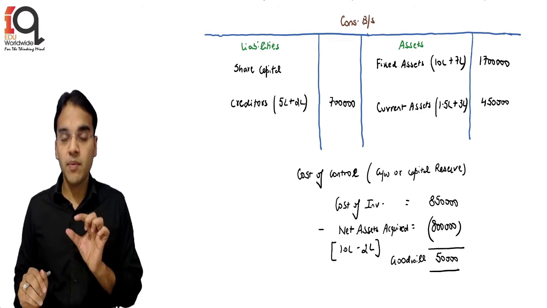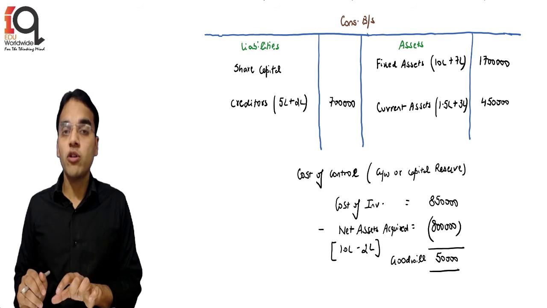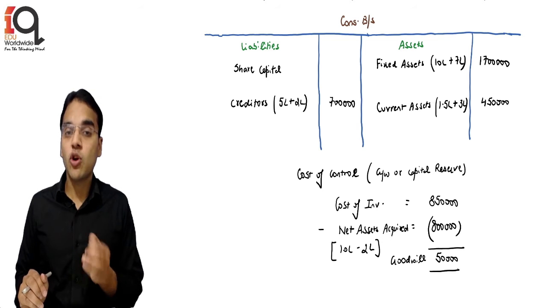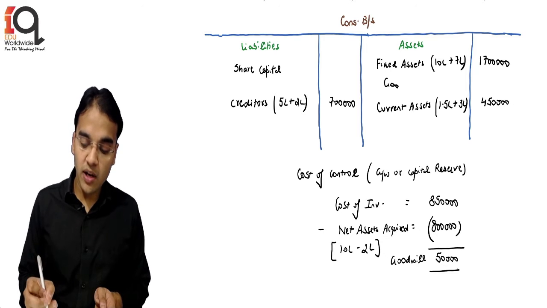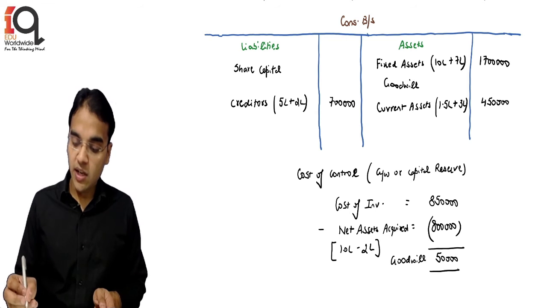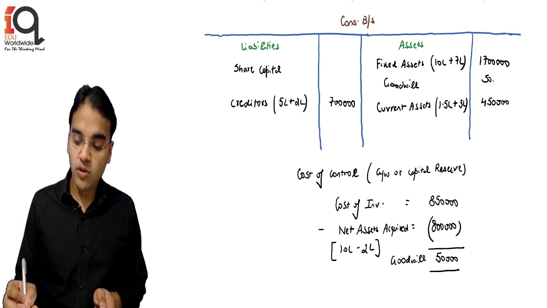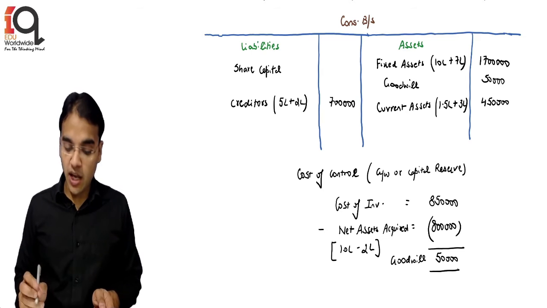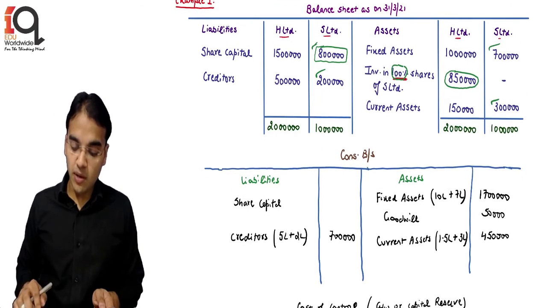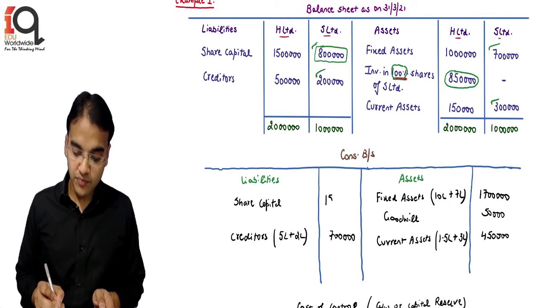So the first thing which comes up is your cost of control, which is your goodwill or capital reserve. So here it will be shown as goodwill in our balance sheet, that is 50,000, student, and that has knocked off the share capital. So the share capital which will come is only 15 lakh.